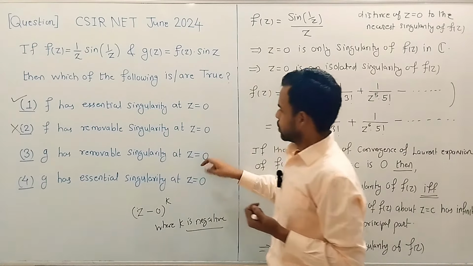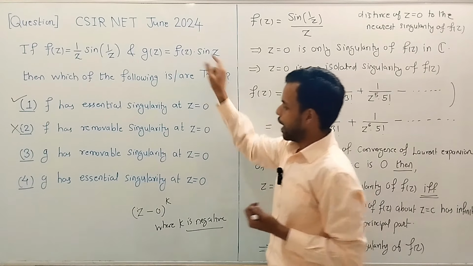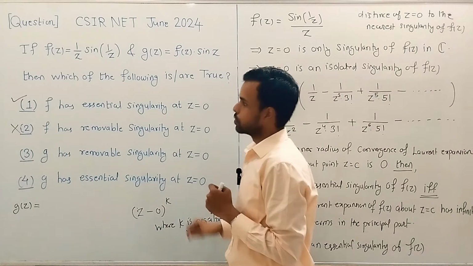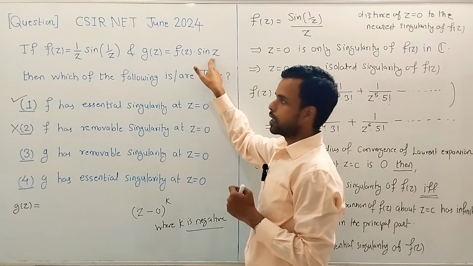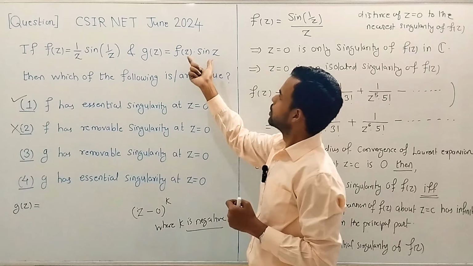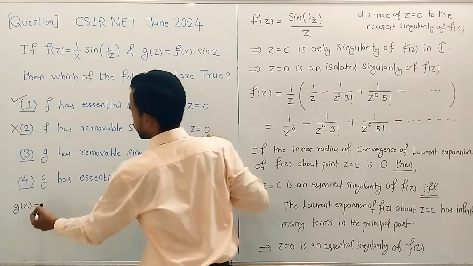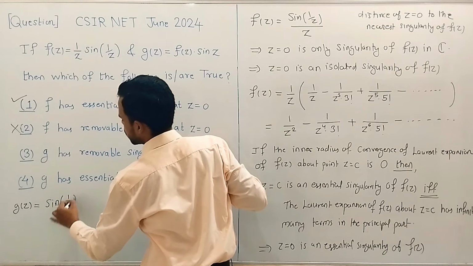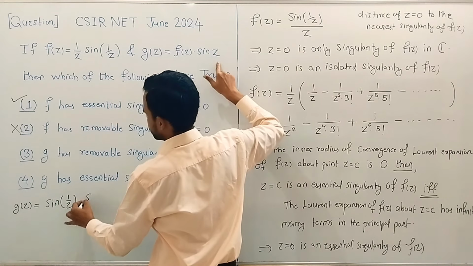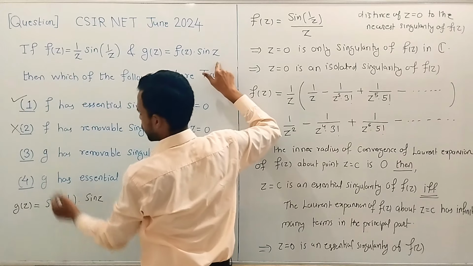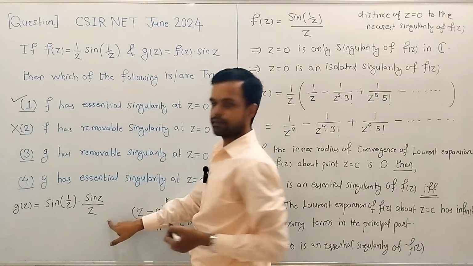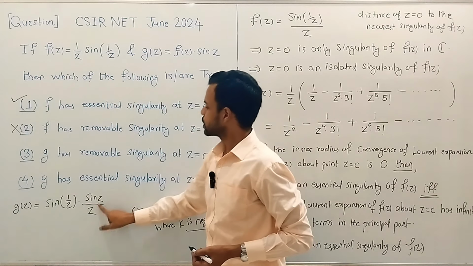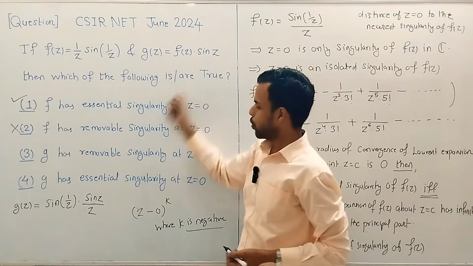Now note that we can write g of z as f of z times sin z. So I can write g of z as sin of 1 over z times sin z upon z. Okay, I can write g of z like this: sin of 1 over z times sin z upon z.